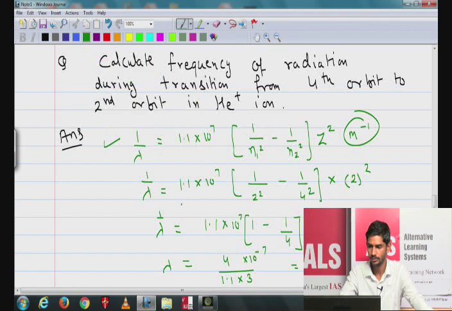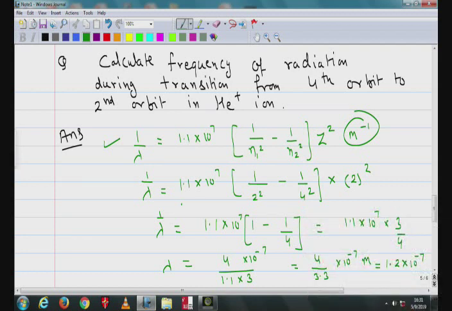Now, dear, you have to check out the formula that we discussed in the last class. In the last class I discussed this constant. This is not exactly 1.1, this is a rounded off value.